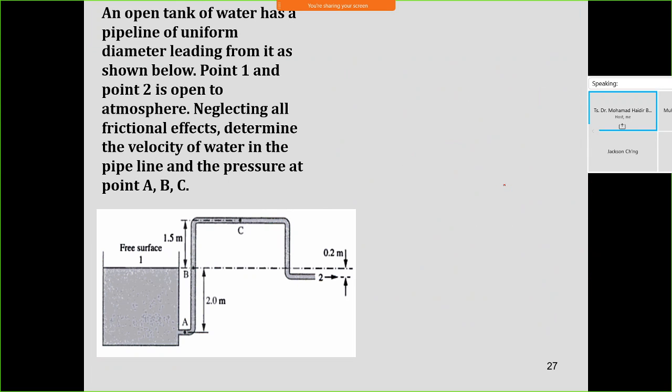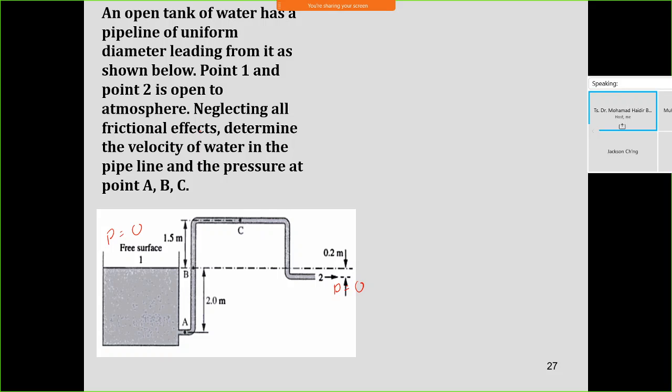Okay, we go to the third example. An open tank of water has a pipeline of uniform diameter leading from its base as shown below. Point 1 and point 2 are open to the atmosphere, meaning P here equal to 0 and P here equal to 0.